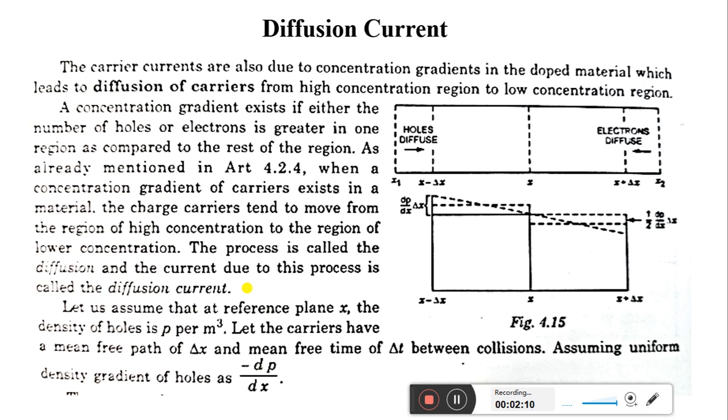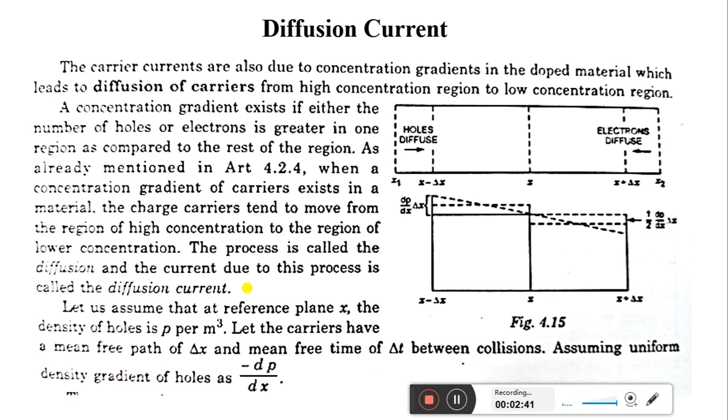This movement may be due to holes or due to electrons, and because of this movement there will be a development of current called the diffusion current. If this current is because of holes, it is called the diffusion current by holes, and if it is because of electrons, we call it the diffusion current by electrons.